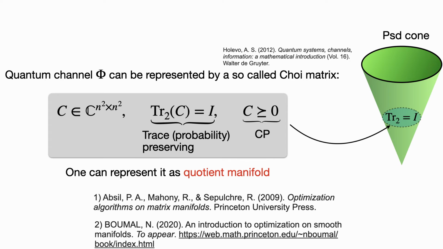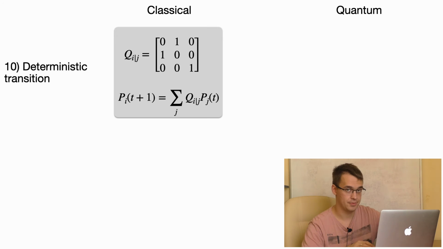One can imagine the set of all Choi matrices as a subset of the cone of positive semi-definite matrices. One can also represent the set of all Choi matrices as a quotient manifold, which allows us to integrate this set into the framework of Riemannian optimization.